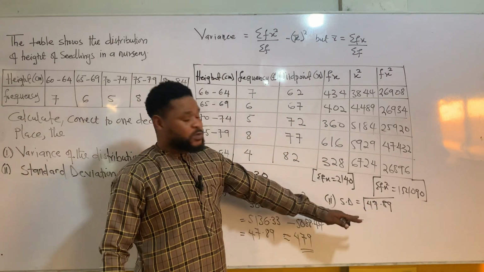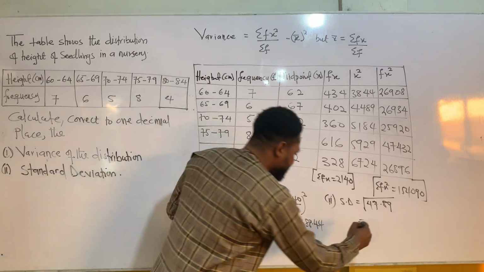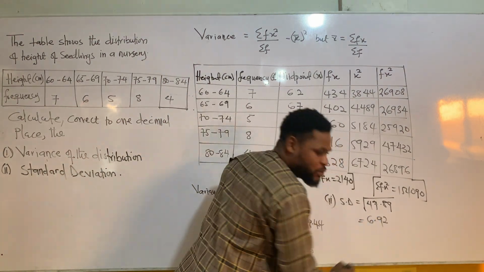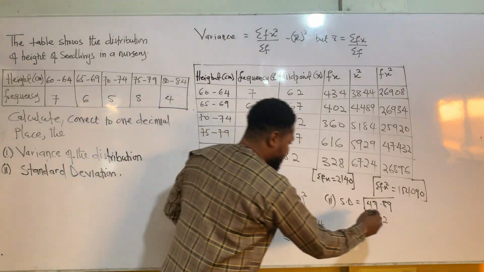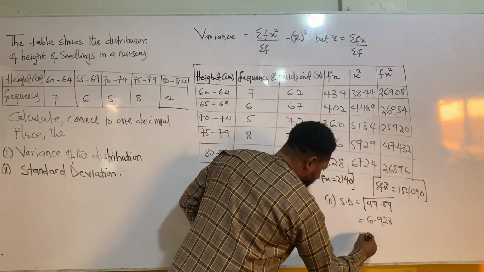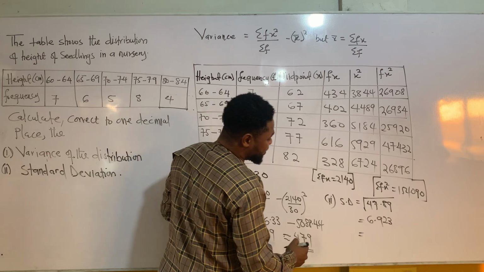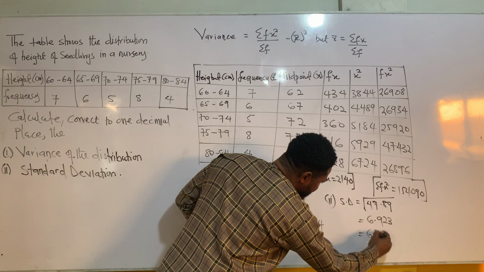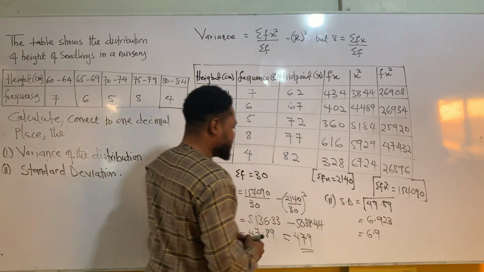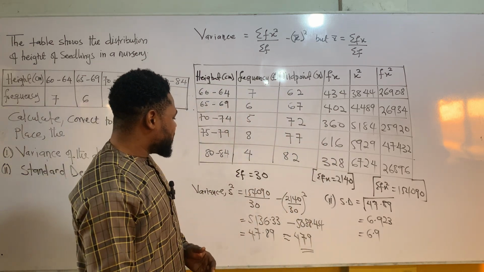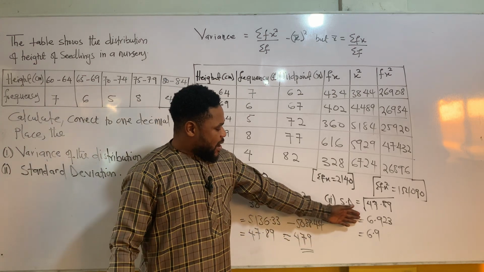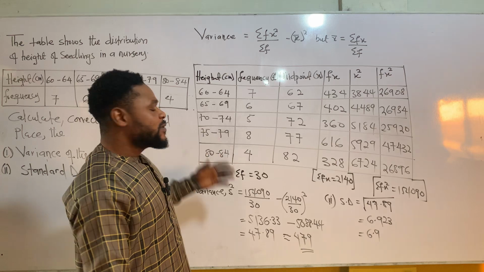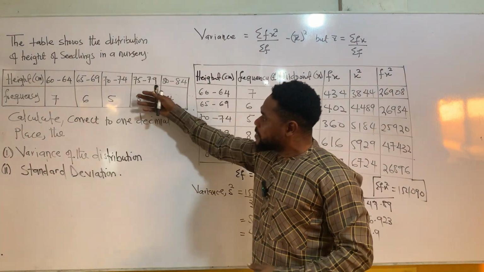And we are going to find square root of this number, which will give us 6.923. And we can say that to one decimal place, we'll get 6.9. So this is how we can calculate for our standard deviation and our variance from this data given.